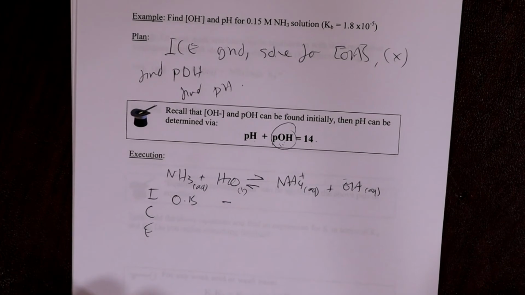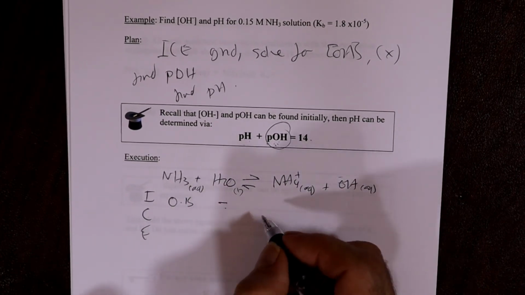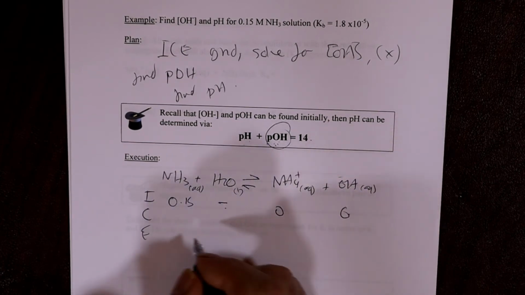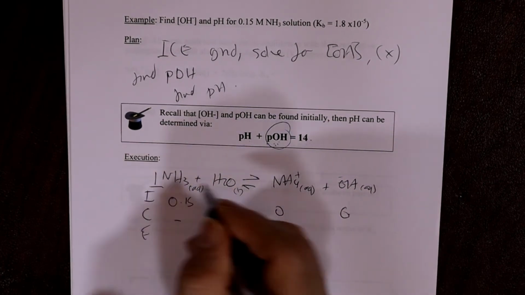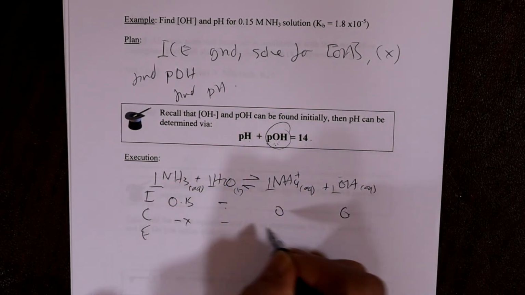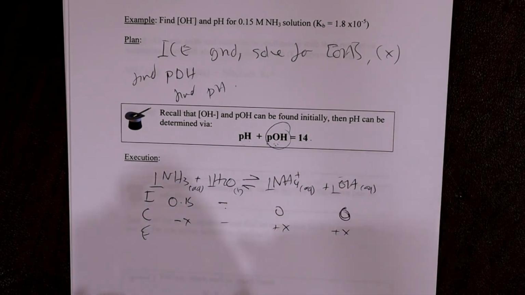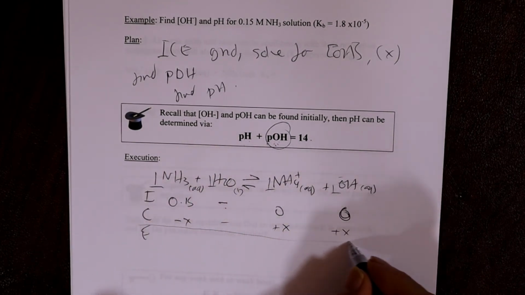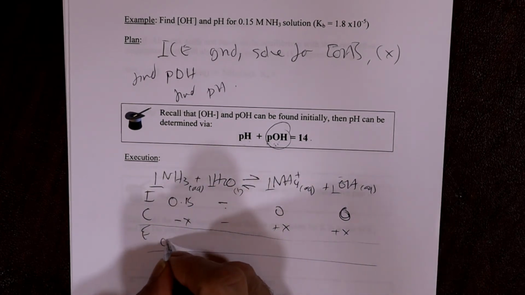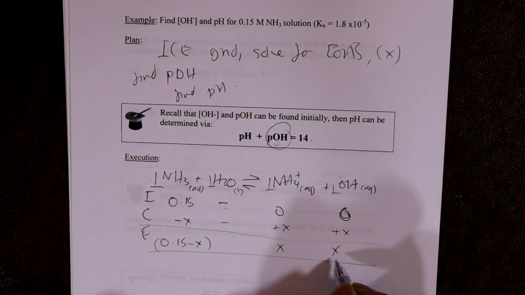It is a reactant, so we've got to write it, but its concentration is meaningless for the math, if you remember. Okay, it's a constant. And then we have 0, 0. We don't know how much we lose, but it's 1 to 1 to 1 to 1. We lose x, we gain x. So 0, of course. Okay, then at equilibrium, what have we got? 0.15 minus x, x, and x.